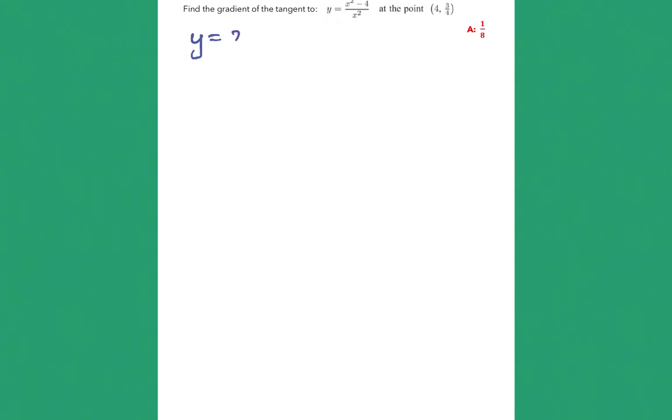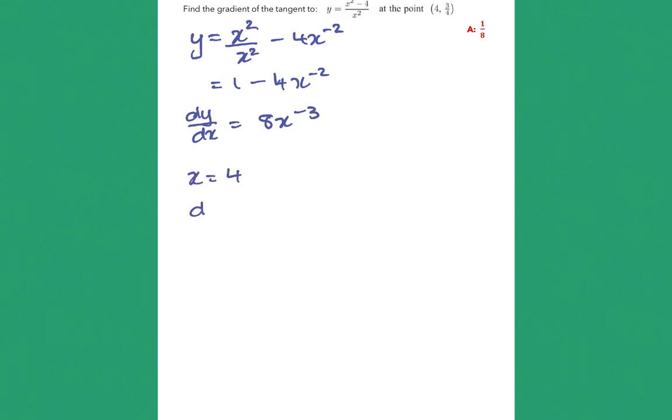Okay, we're going to find the gradient of the tangent to this curve, and this needs us to split up our fraction. So we've got x squared over x squared minus 4x to the negative 2, which is going to give us 1 minus 4x to the negative 2. So now we can differentiate this, which gives us 8x to the negative 3. x is 4 at the point.